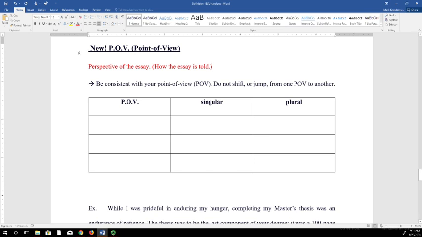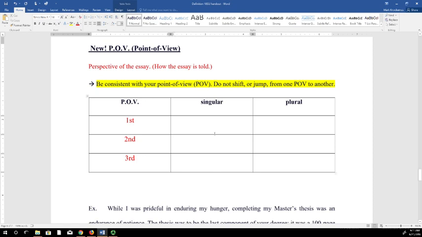Now, it's important to remember that we have to be consistent with our point of view. We are not allowed to shift from one point of view to another. Now, the different points of view are first-person, second-person, and third-person point of view.